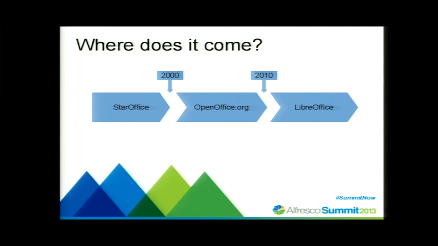OpenOffice was produced mostly by Sun Microsystems and later by Oracle. And it didn't give entire satisfaction to the community that was around OpenOffice, developing it and translating it and QAing it and everything.